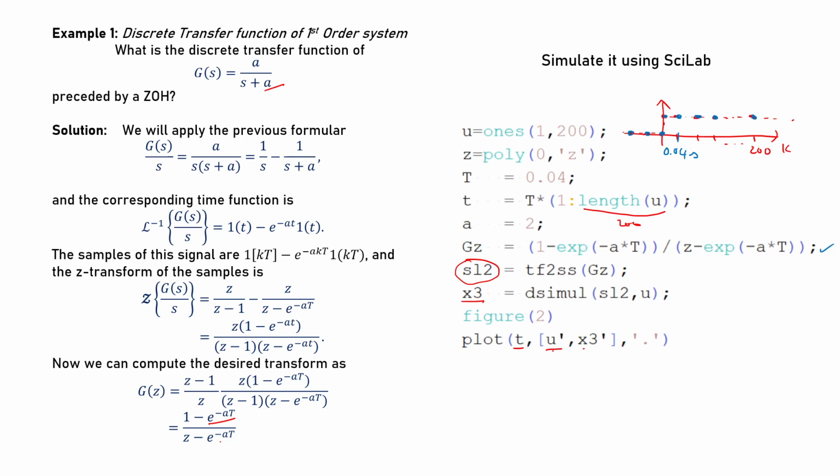U is the input, x3 is the output. So you plot these two graphs together in the time domain.